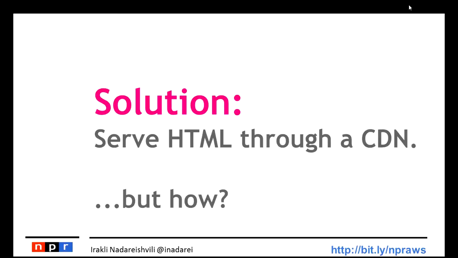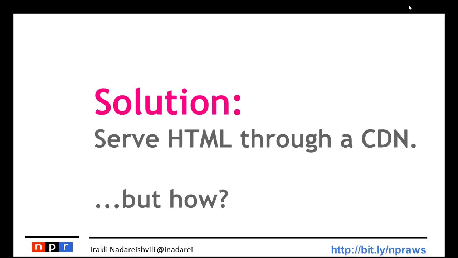As most high-traffic news websites do, we had been serving static assets such as audio, images, CSS, and JavaScript through a CDN for years. But this time we wanted to serve dynamic content such as HTML through a CDN as well.